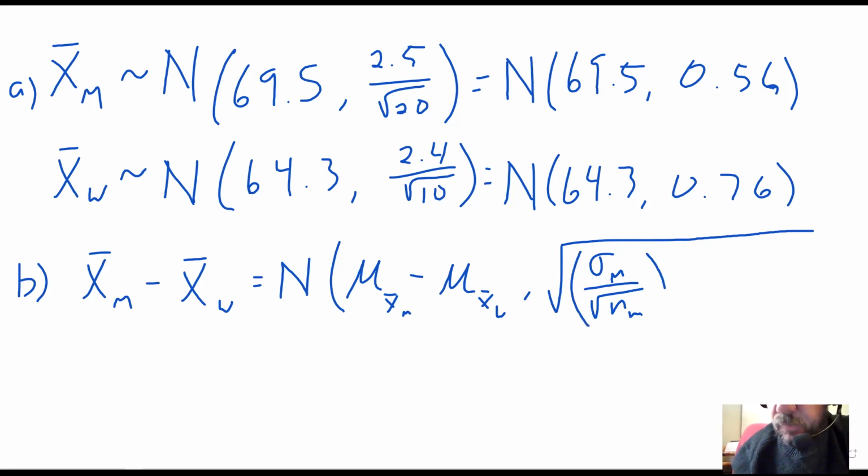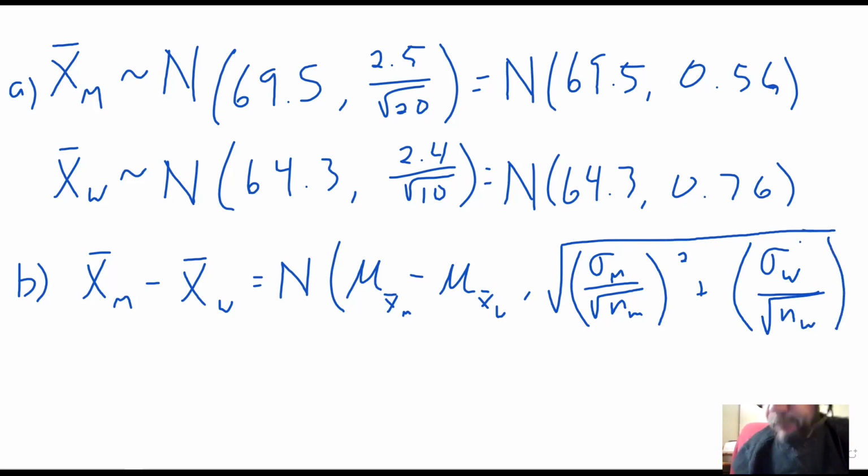And we're squaring that, just like we did before, plus sigma sub W over the square root of n sub W, squared. Almost forgot the square.